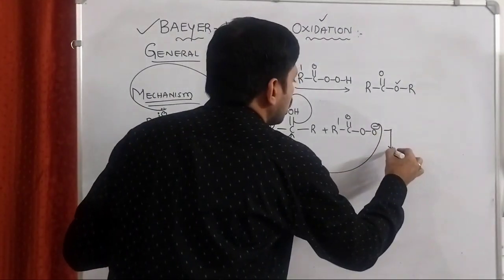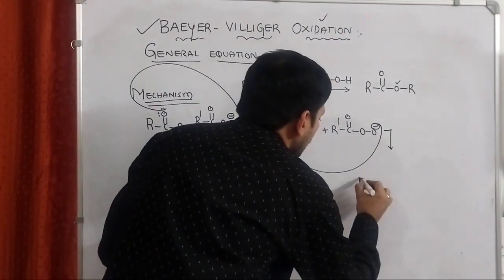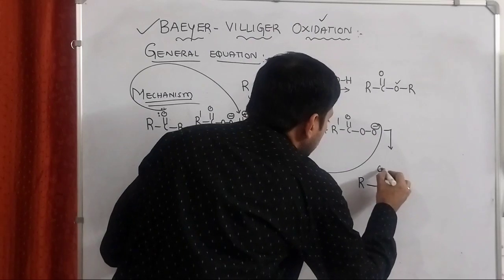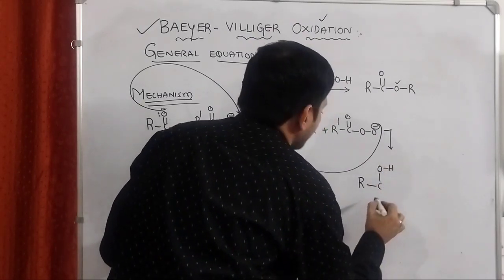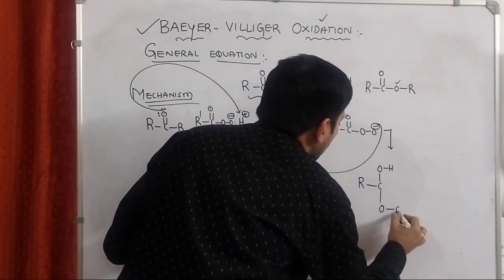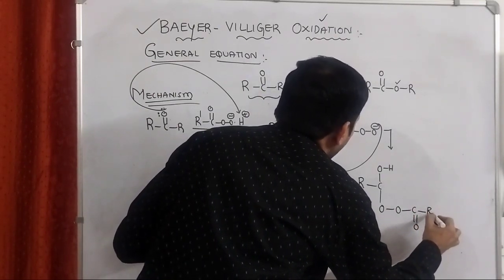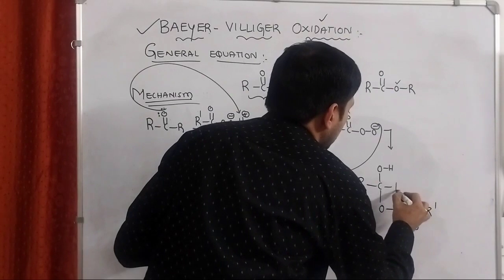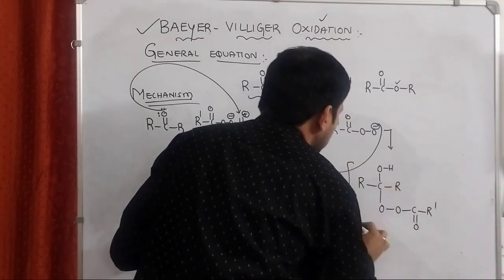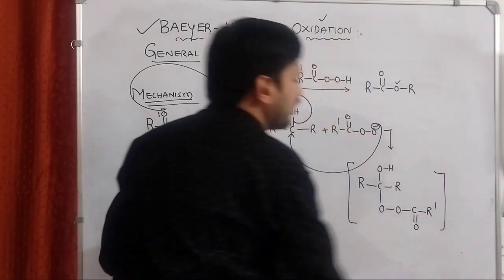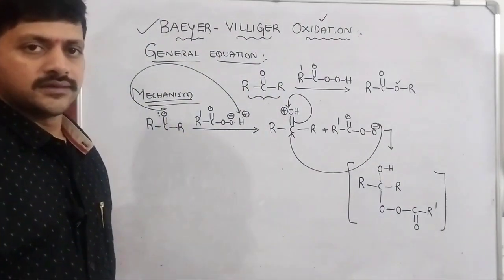That's why R single bond COH, oxygen, oxygen, C double bond O, R dash. Here it is R. This is one intermediate in the mechanism.